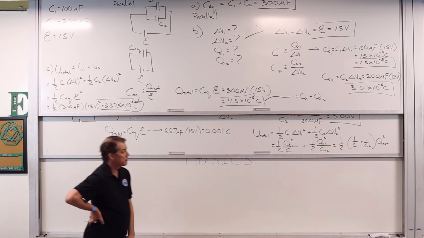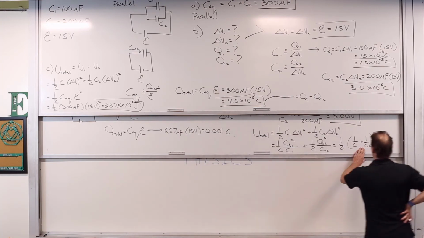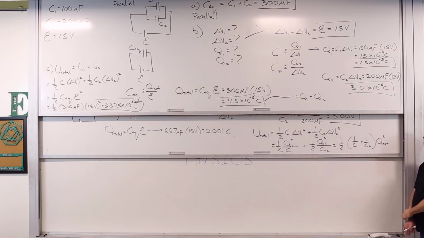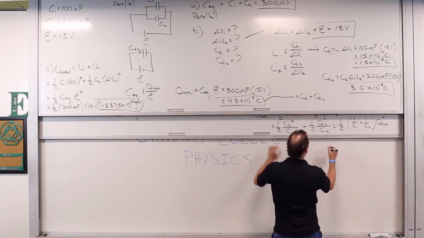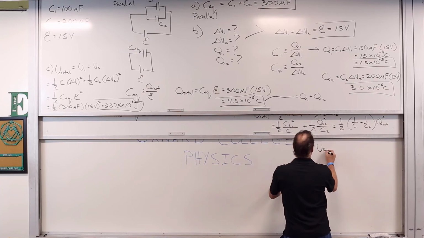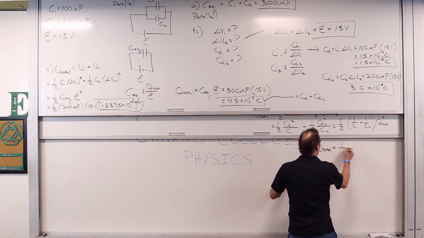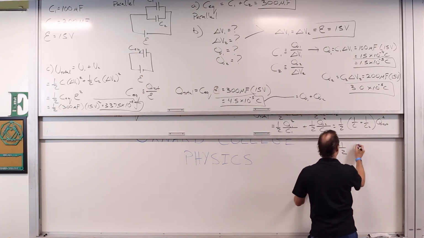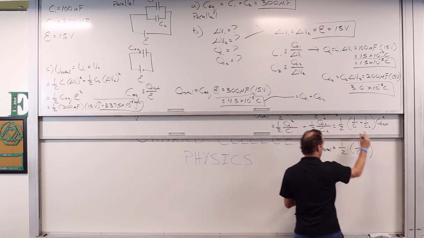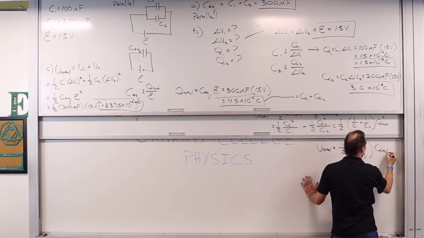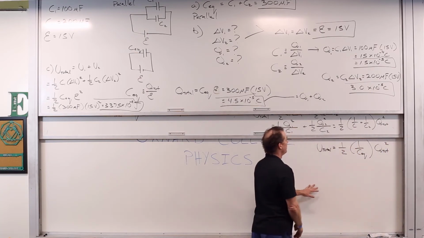That's right. Inverses. So if we wrote this out, we could write this as U total is equal to 1/2 times 1 over CEQ, which would be that right there, times Q total squared.